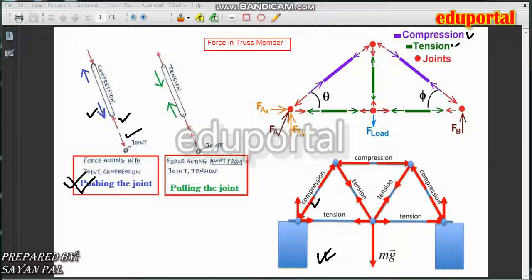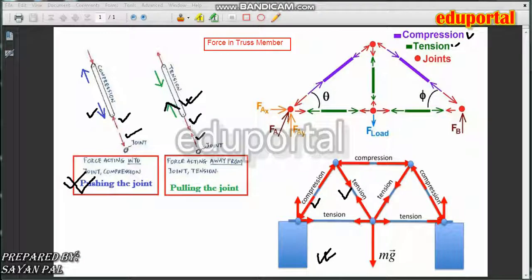Now if the member is pulling the joint, suppose this is the pulling force, the joint will also apply a similar force in the opposite direction according to Newton's third law. And so there will be internal forces developed, which is the tensile force. So if the member is pulling the joint, there will be tensile force developed in the member, which is this.